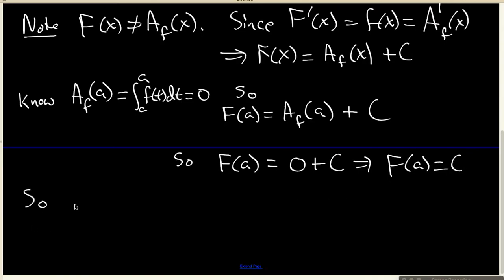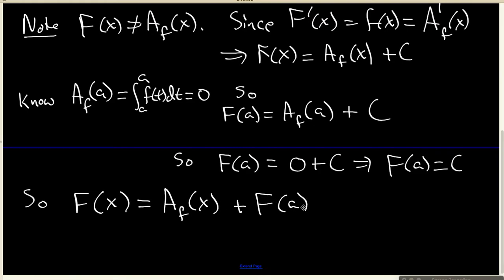And that also tells me that capital F evaluated at x is just going to be the area accumulation function at x plus capital F of A. Now what I want to do is put x equal to b into this formula. So substitute x equal b.